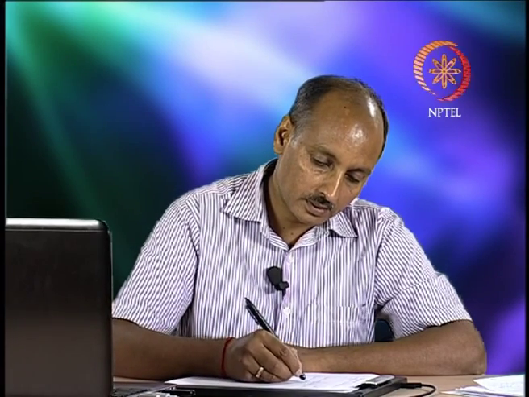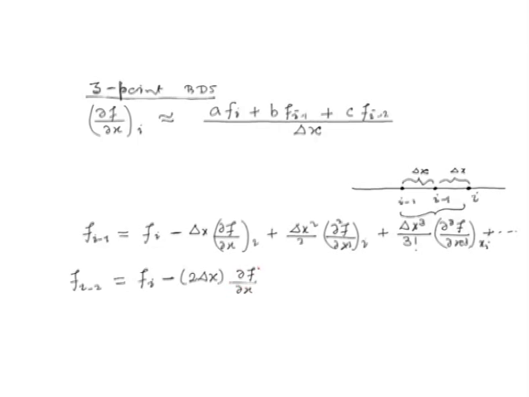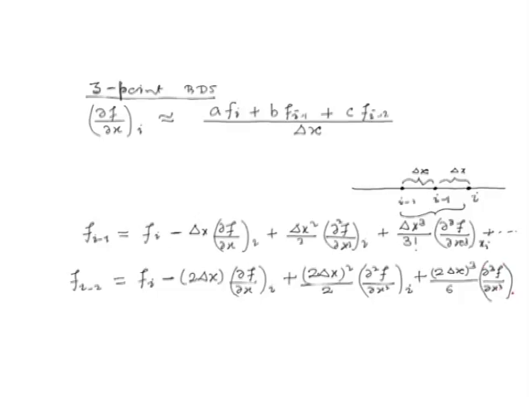So, f I minus 2 is f I minus 2 delta x times del f over del x at point I plus 2 delta x squared divided by 2 del 2 f over del x square at I minus 2 delta x whole cube divided by 6 del cube f over del x cube at xi, plus so on.